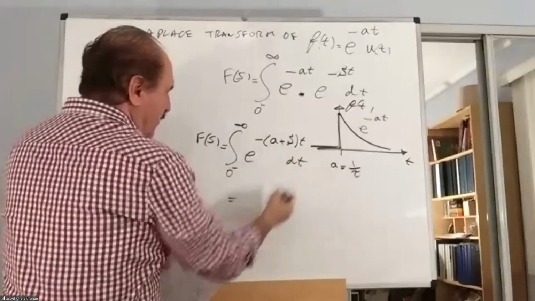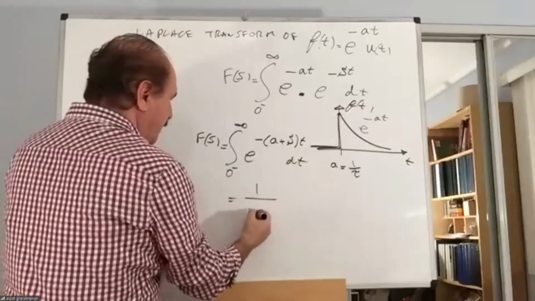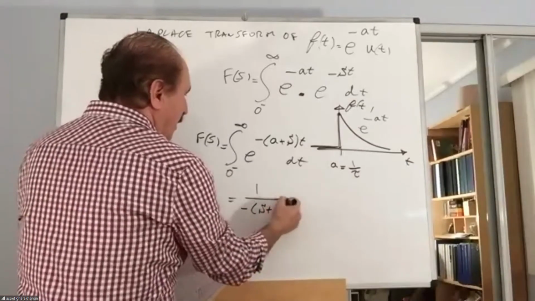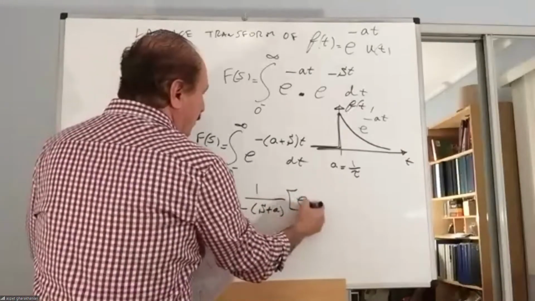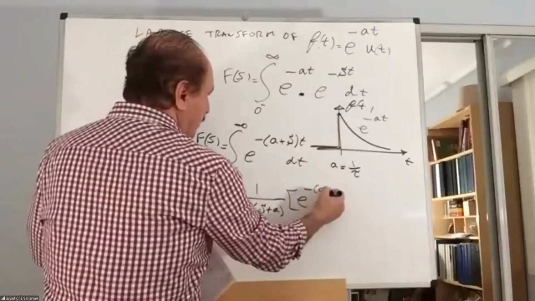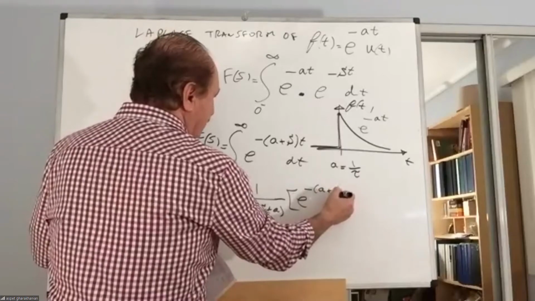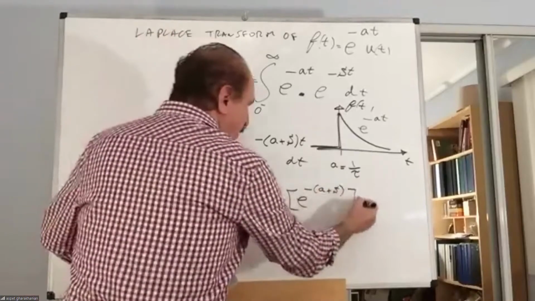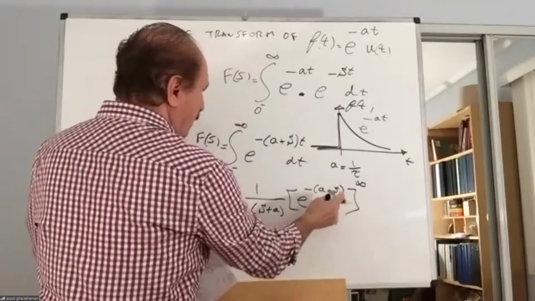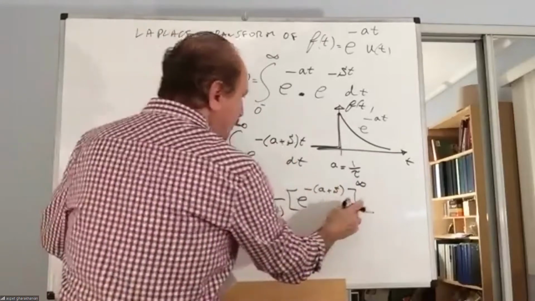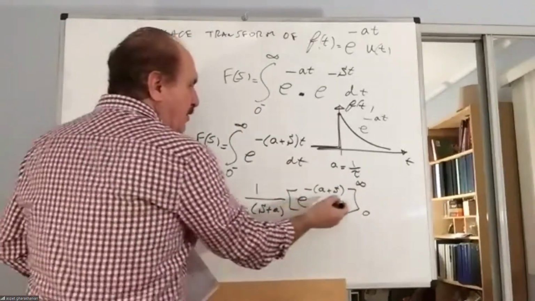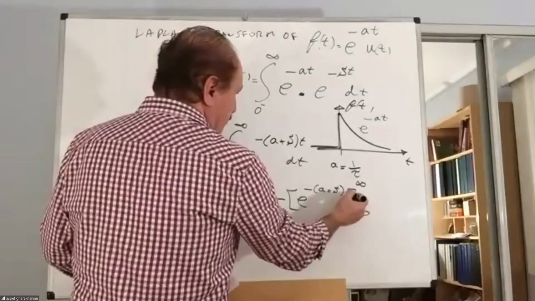So if we integrate that, it will be 1 over minus s plus a multiplied by e to the power minus a plus s, first you put infinity, and here you put 0, of course times t.